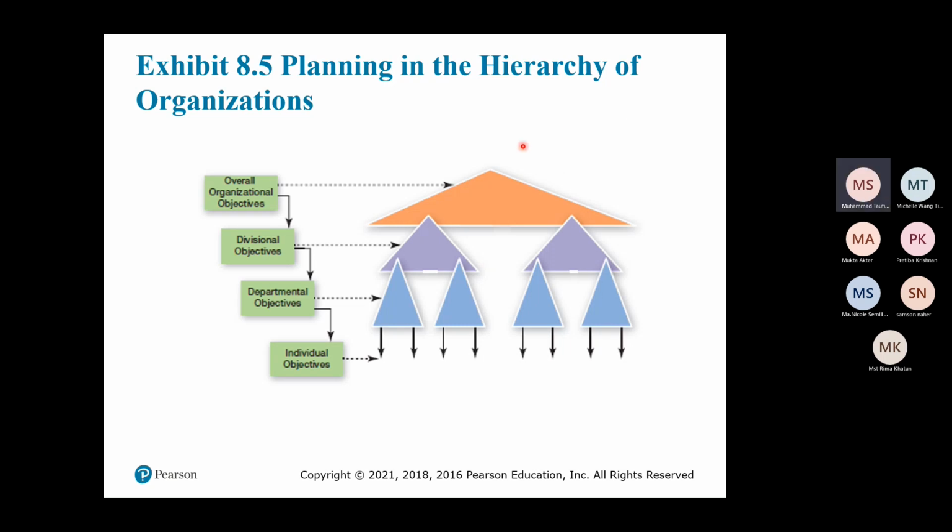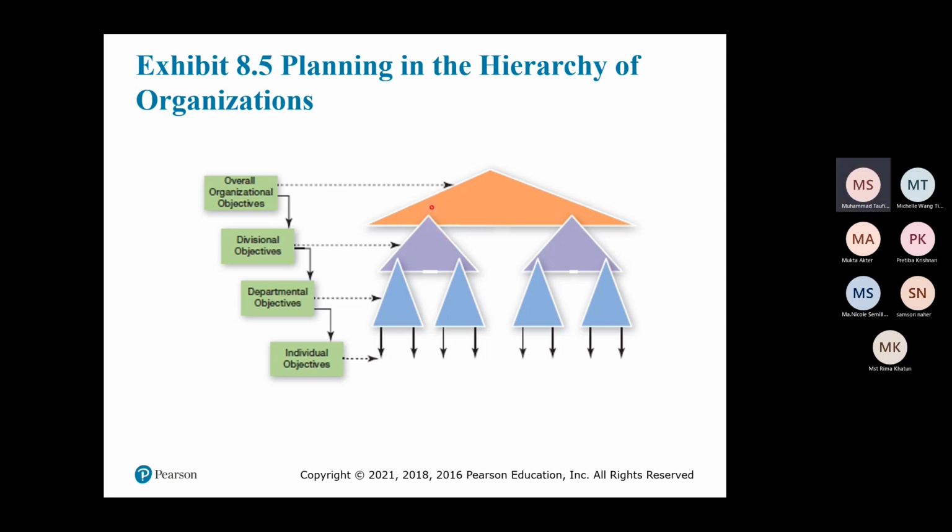Okay, so this is how it looks in management by objective. We have the overall organization objective. This one is created by the top management. Okay, and then based on this, the division objective, the division manager will create their own objective.